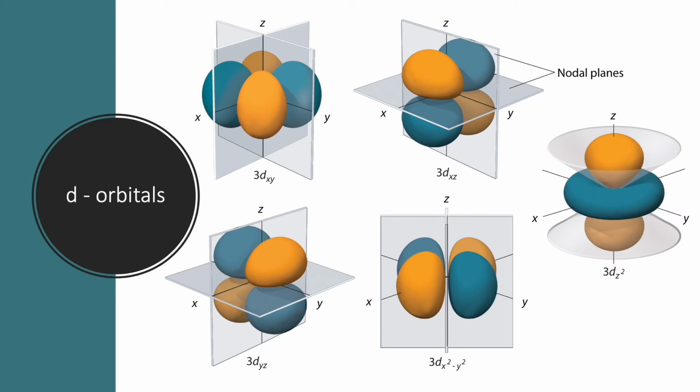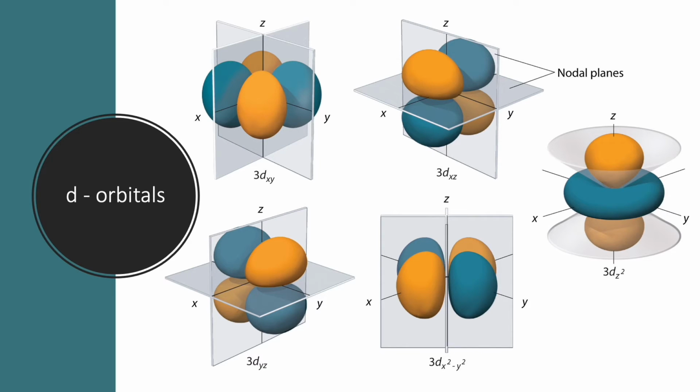In addition to s and p orbitals, there are some orbitals available to electrons at higher energy levels. At the third level and upwards, there are 5 d orbitals in addition to s and p orbitals.